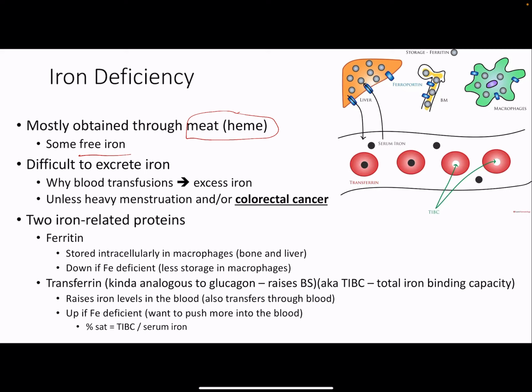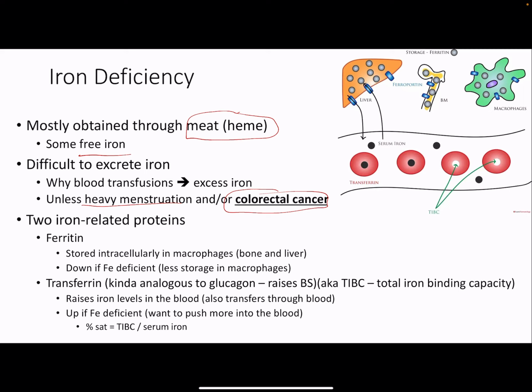It is difficult to excrete iron unless you have heavy menstrual flows, or particularly important is colorectal cancer. If you have colorectal cancer, you will have blood in your stool. Often it's cryptic, meaning sometimes it's microscopic. You don't even know you're losing blood, but you're actually losing a ton of blood every bowel movement.